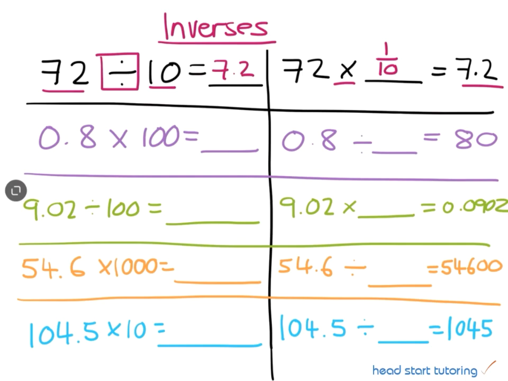Right, 0.8 multiplied by 100 will give us an answer of 80. Now 0.8 divided by what will also give us an answer of 80?